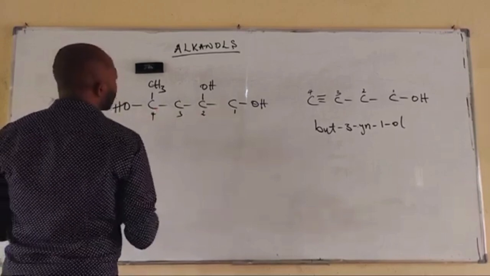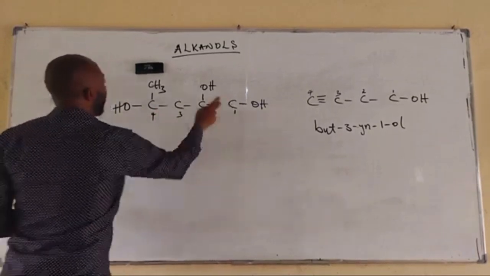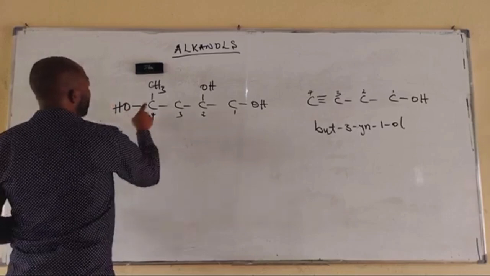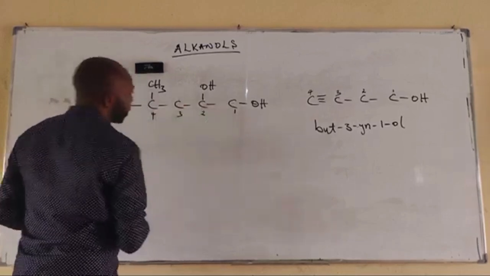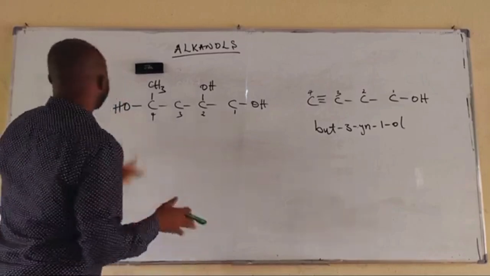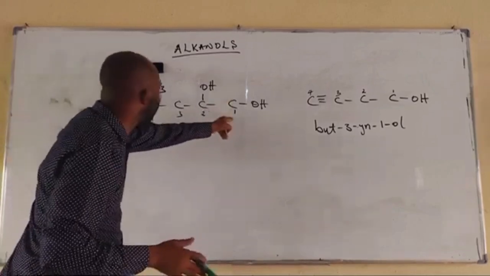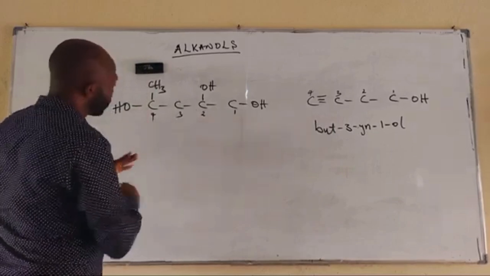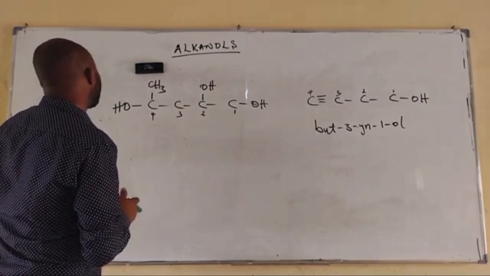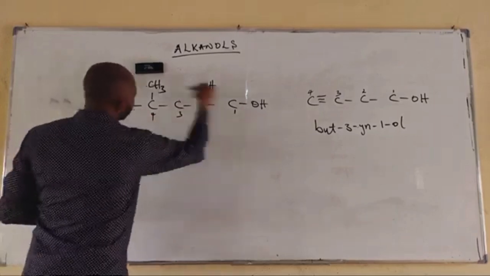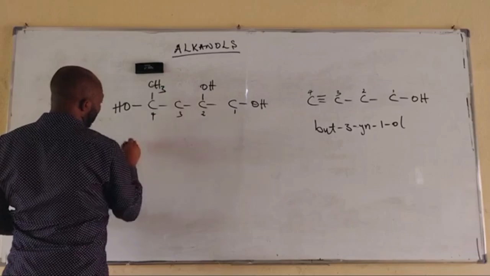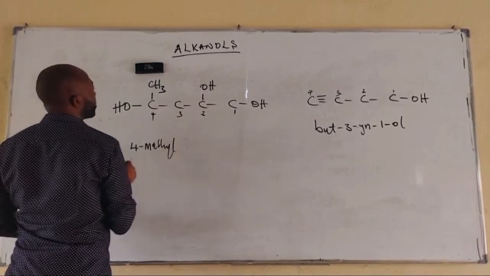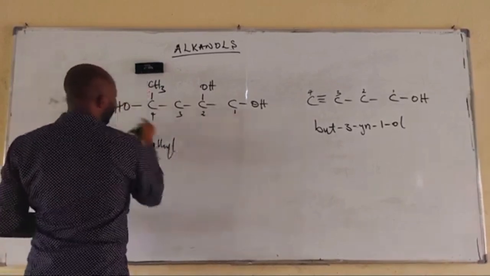Now I want to name it. I have 4-methyl butane, 1, 2, 4 triol.